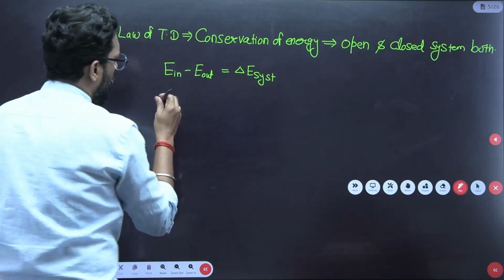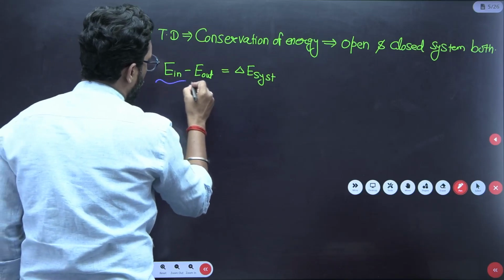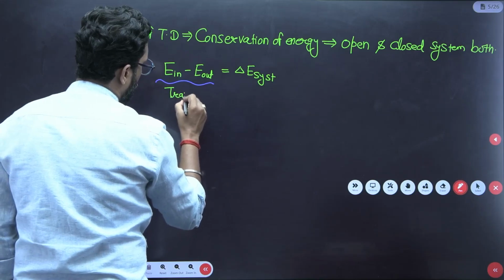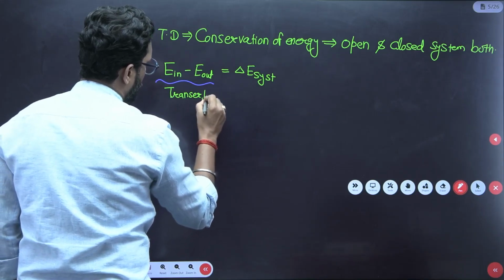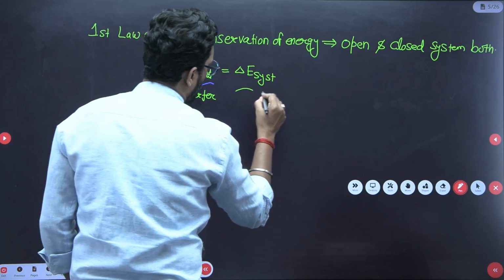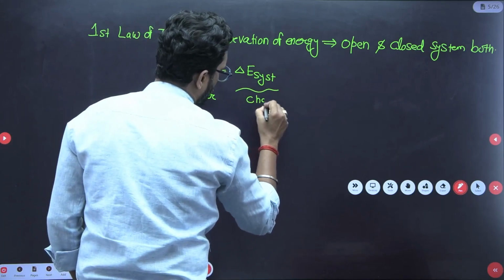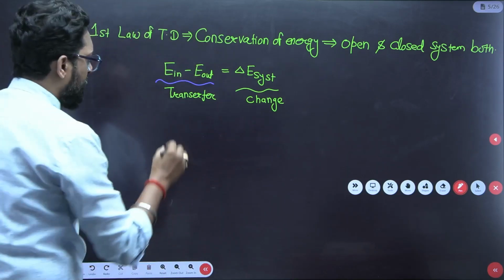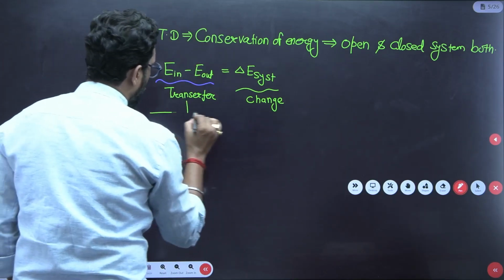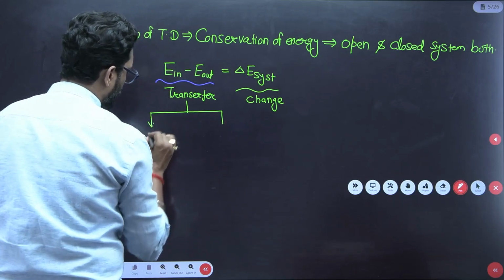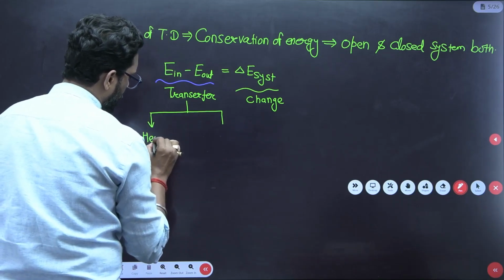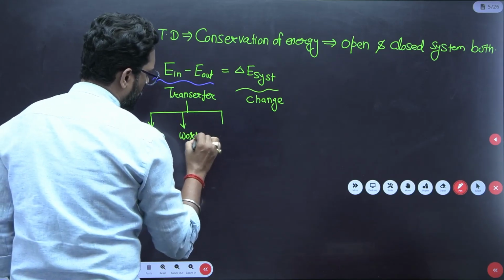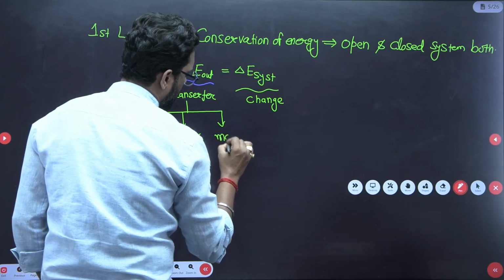So this is a transfer of energy. This is called transfer. This is called change. And the transfer, it is a boundary phenomenon. And the transfer of energy is in three forms: heat, work, and mass.